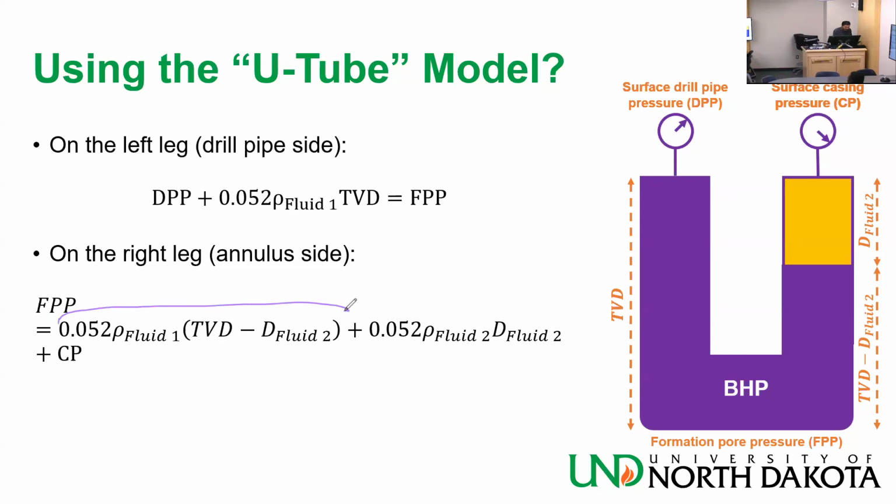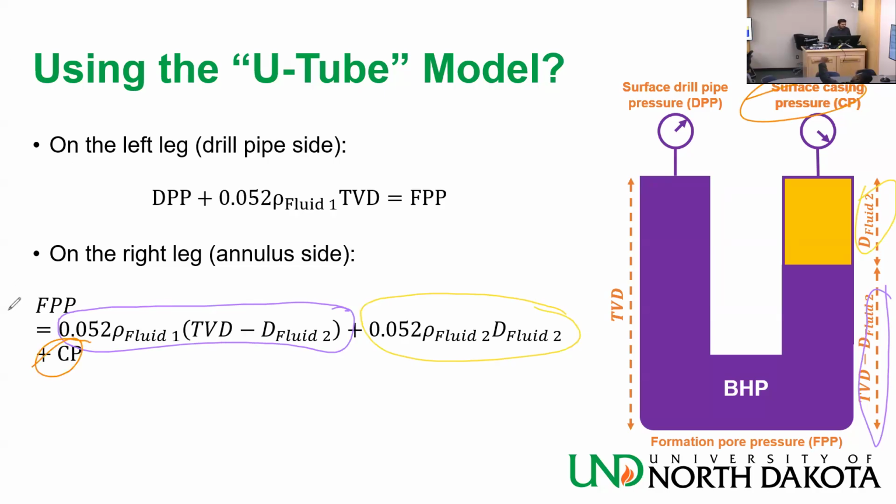Let me just color it properly. This is purple, right? And this now is yellow, 0.052 times rho fluid 2 times this depth. And then CP is this here.